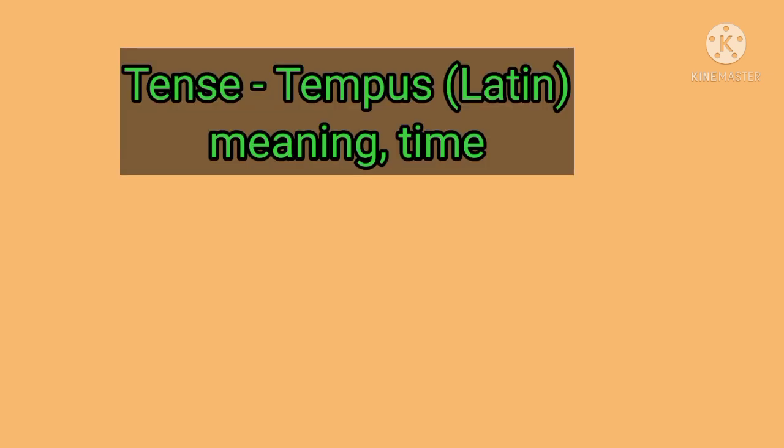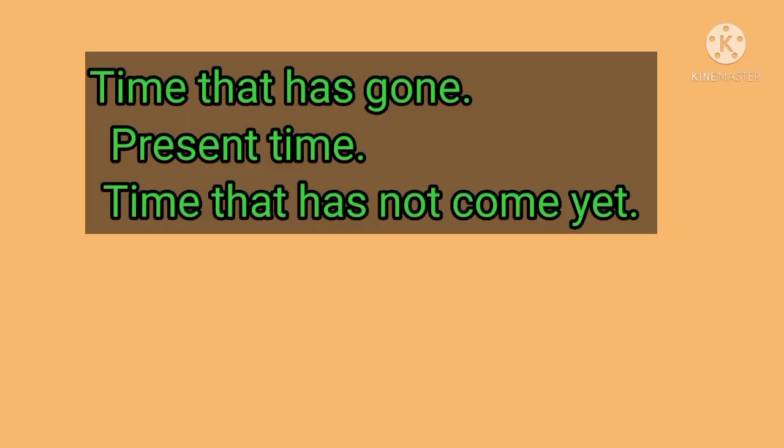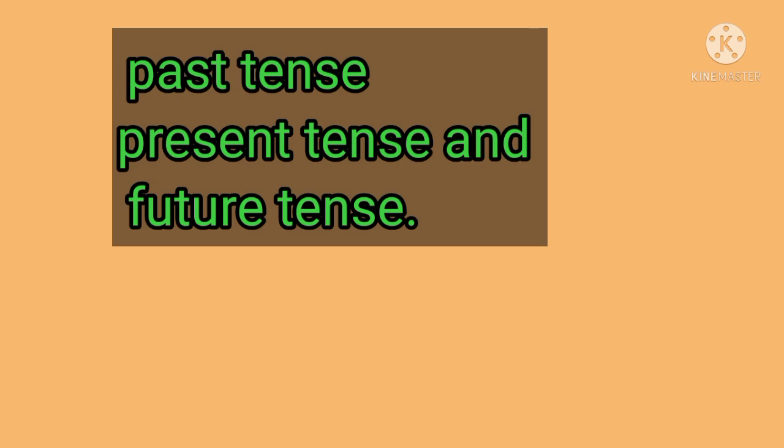The word tense comes from the Latin word tempus, which means time. Speaking of the time, we can classify time into three major parts as time past, time present, and time future. Based on this notion, we can say that we have three main tenses, that is past tense, present tense, and the future tense.